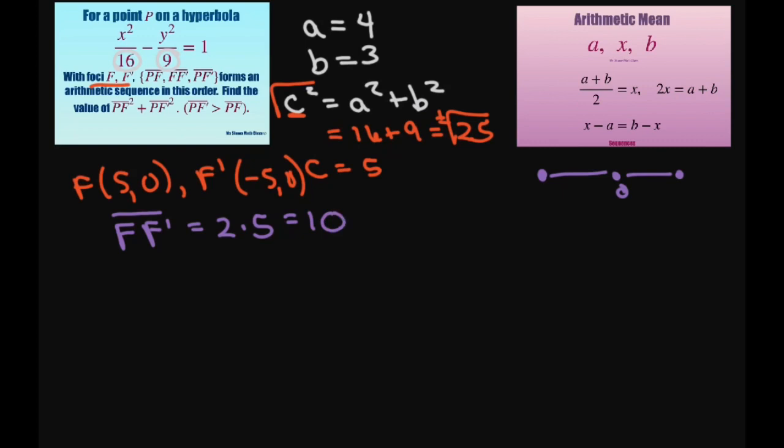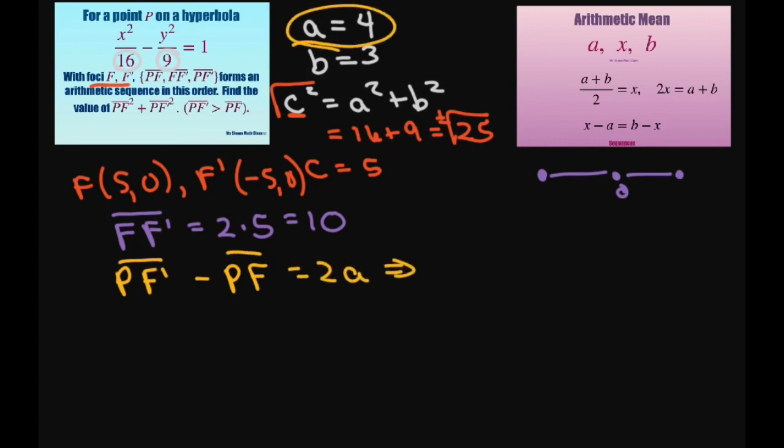All right, from there, by the definition of a hyperbola, we know that the length of PF prime minus the length of PF equals 2A. And our A is 4, so that's going to be 2 times 4 equals 8.